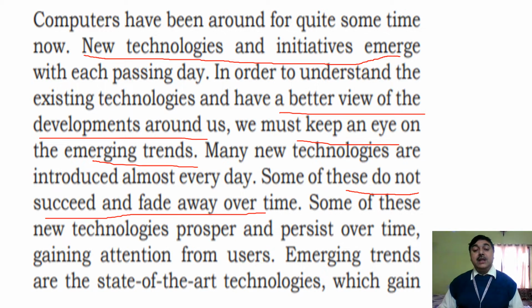Similarly, in the place of laptop, DVD system, sound system, and television, which are very general and very common, every day we find that different types of new things are coming. So this is what we can call the state of the art in technologies, what is newly coming in the market.